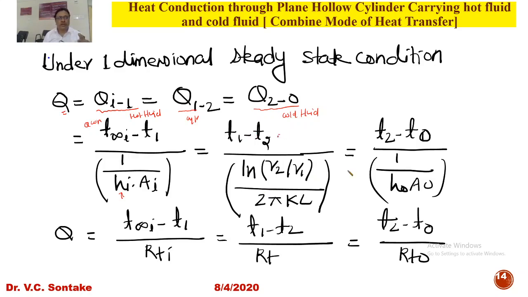So from Fourier's law of heat conduction, it can be written as T1 minus T2 over log of R2 over R1 divided by 2 pi KL. Just now we have deduced this expression. And finally, heat transfer from outer surface to the cold fluid will be by convection. So T2 minus T infinity o over 1 upon h_o into A_o, where h_o is the convective heat transfer coefficient of cold fluid.